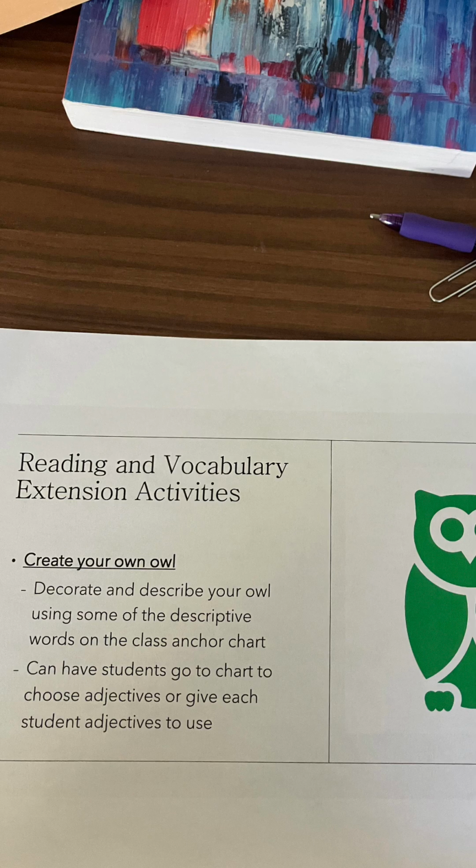Now, if the students are slightly higher beginners or intermediate, you could have them tell a story about their owl, even if it's just a few sentences, like 5 sentences. Tell the story about something that happened with the owl. Use the past tenses. And you can have them make stories as partners.